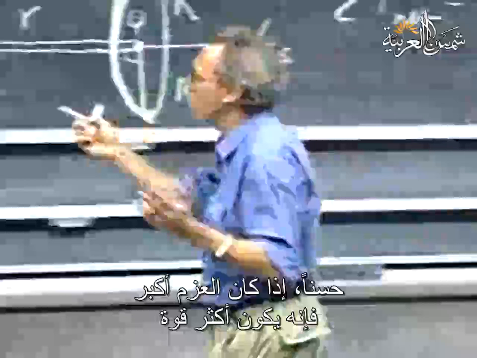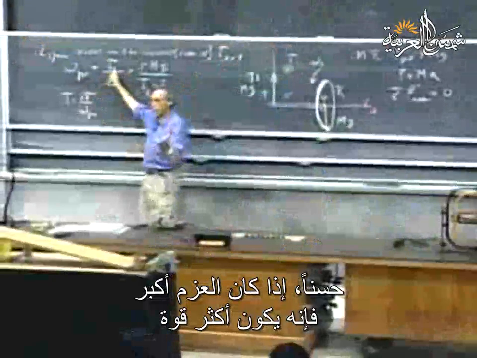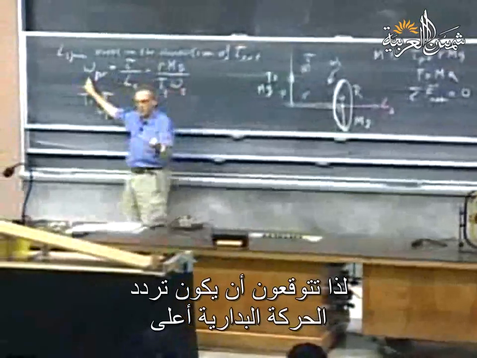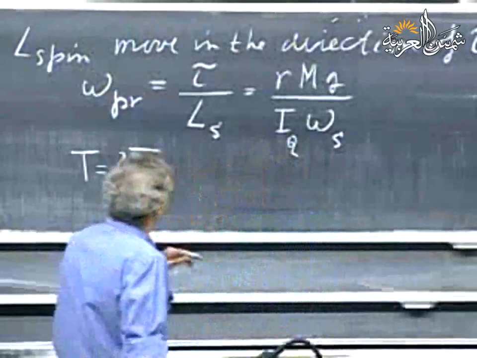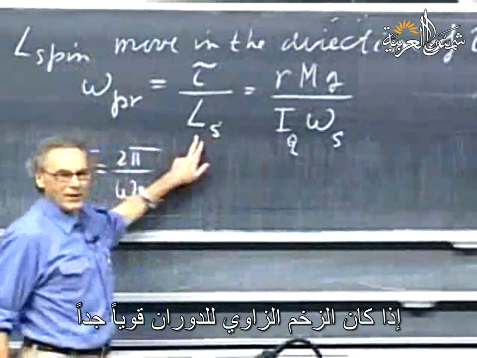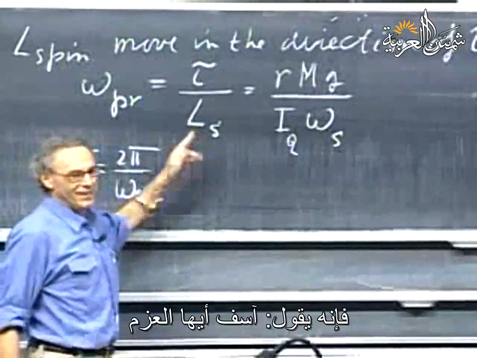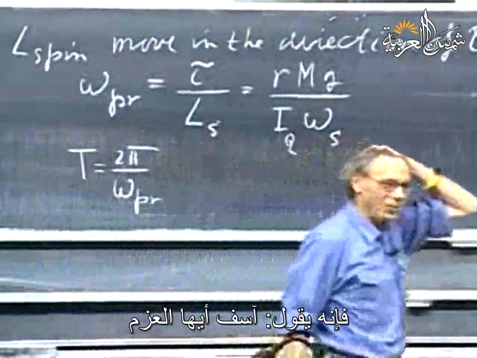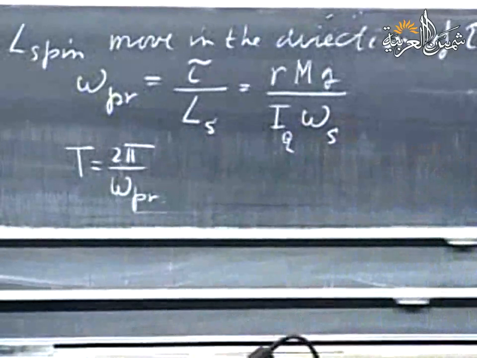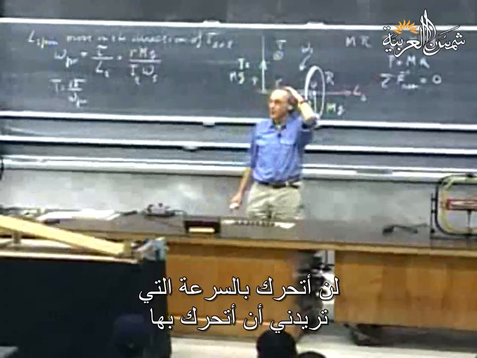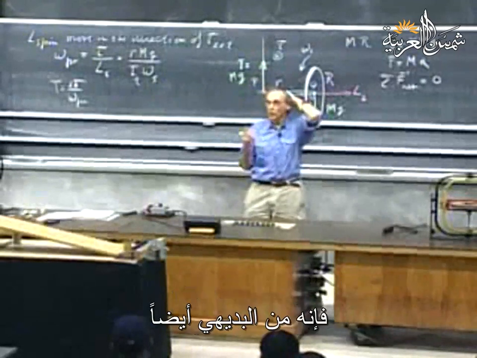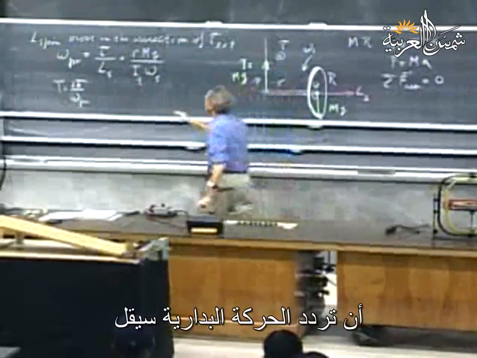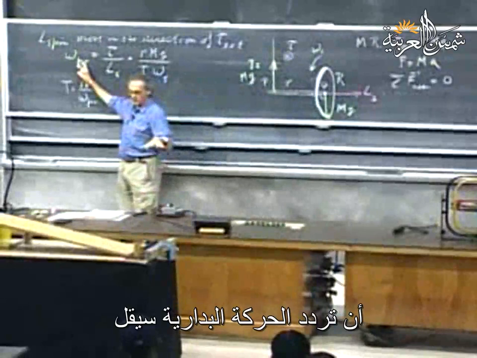If the torque is stronger, then it is more powerful, so you expect the precession frequency to be higher. However, if the spin angular momentum is very powerful, then the spin angular momentum says, sorry, torque, I'm not going to go as fast as you want me to go. So when you increase the spin angular momentum in the wheel, it is also intuitive that the precession frequency will go down.